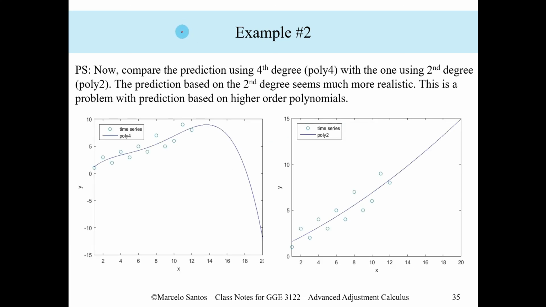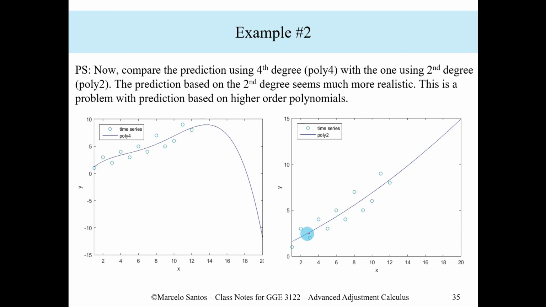Now here is a comparison again. I want to show the problem of higher degree polynomials when dealing with prediction, predictions outside the domain. For polynomial 4, the fourth degree, we have this decay here. For the polynomial of second order, it fits well.